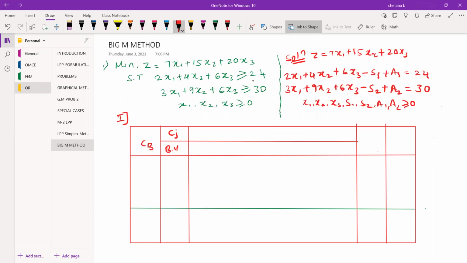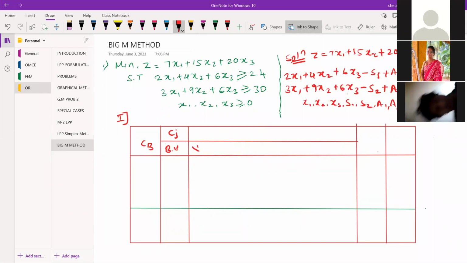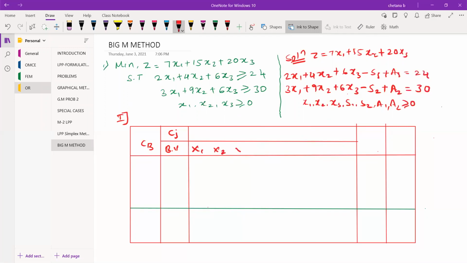First is x1, x2, x3, these are your decision variables. Then the next variables are s1, s2, which are the surplus, and a1 and a2 are the artificial variables.